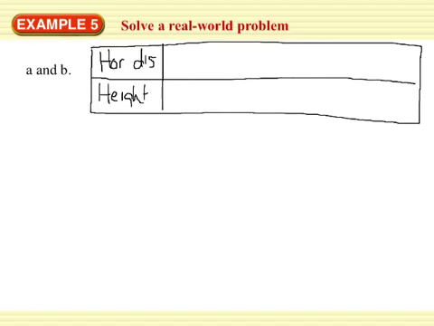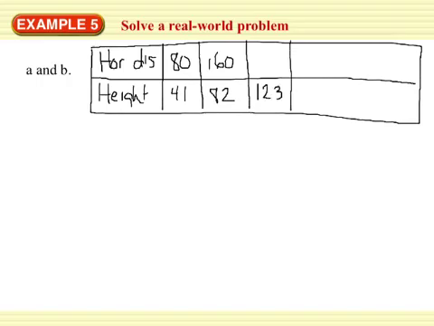So, horizontal distance, remember we move 41 feet up for every 80 feet we move forward. And then we're at 82 feet, 160. And then we do 123 feet, just adding 80 on, add 41 on, 164 feet, add 80, 320.